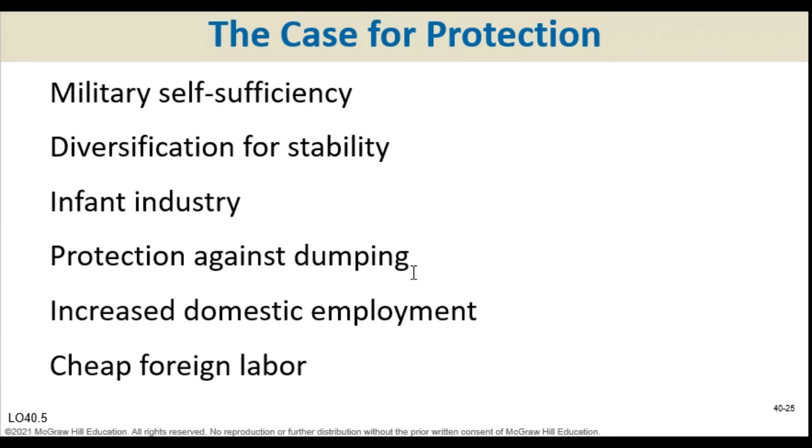And once the domestic industry is out of business, the foreign firm is then free to raise the price to whatever level they desire. Dumping is considered an unfair trade practice. And consequently, a sanction can be imposed against a country or firm involved in dumping.